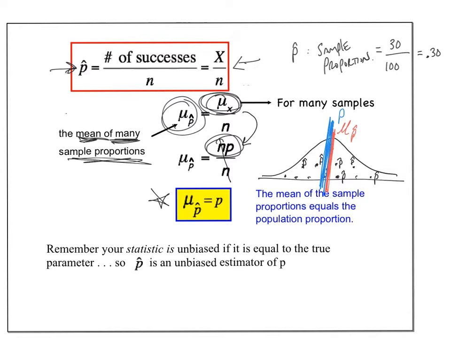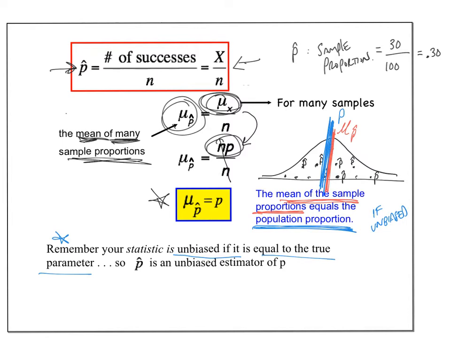So the red line is the mean of all of my sample proportions. That should equal the population proportion. They should line up if it's unbiased. And that's actually what this says right here. Remember, your statistic is unbiased if it is equal to the true parameter.